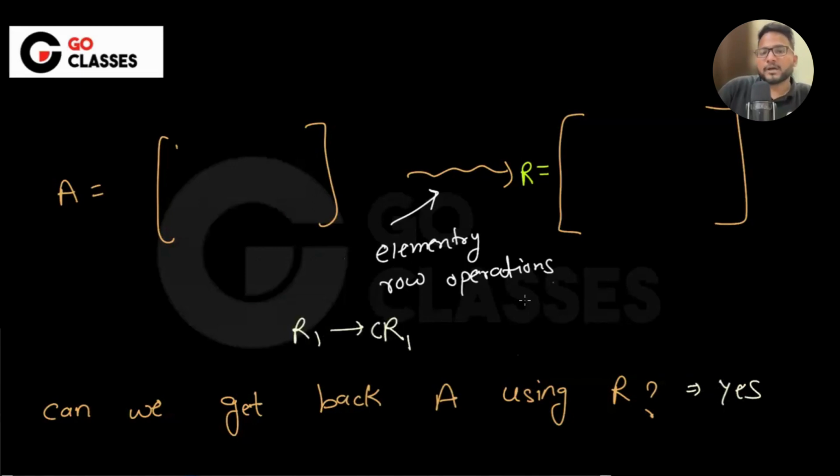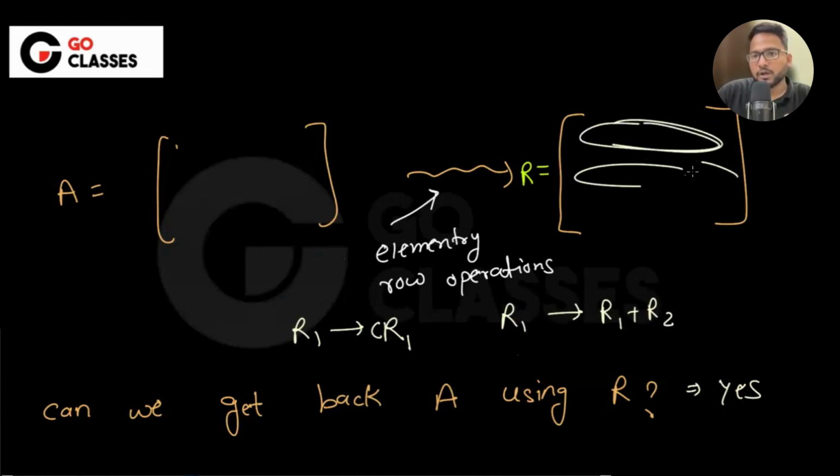If I have done R1 gives R1 plus R2, which means I have added these two rows to get this particular first row, then I can do R1 minus R2. Then I will be getting R1 again, right? Is this okay to everyone?